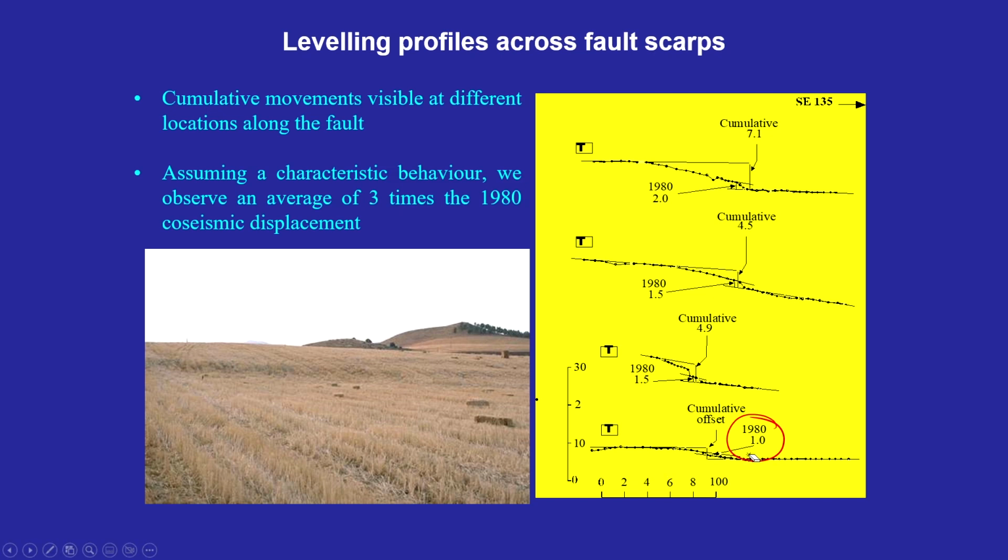And then they also looked at this displacement of 1.5 to 2 meters, say, and in a number of places the maximum displacement of the scarp was around 7 meters. So this indicated that this scarp is a cumulative scarp.